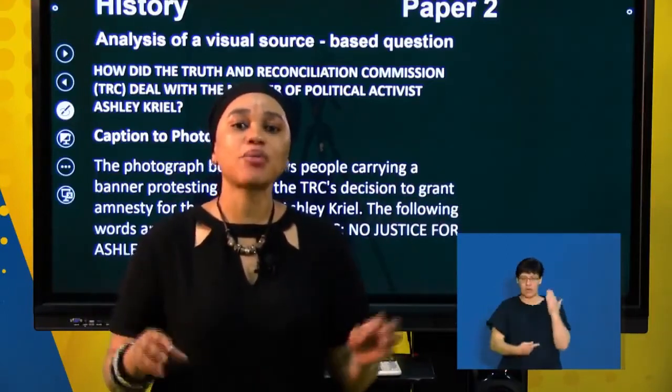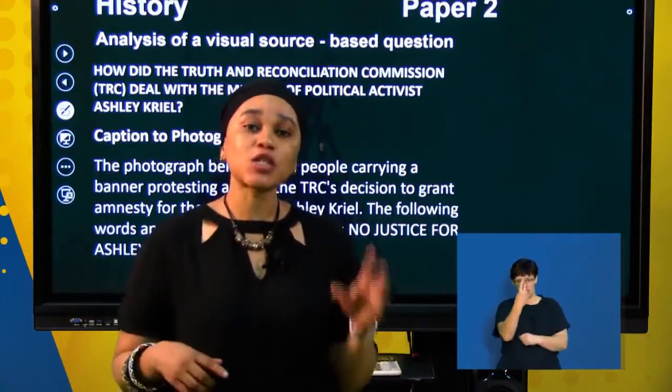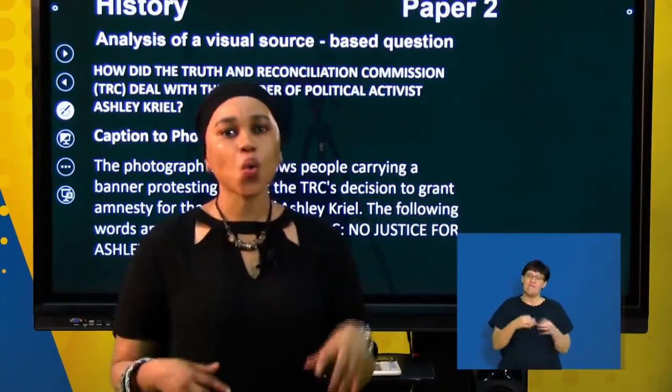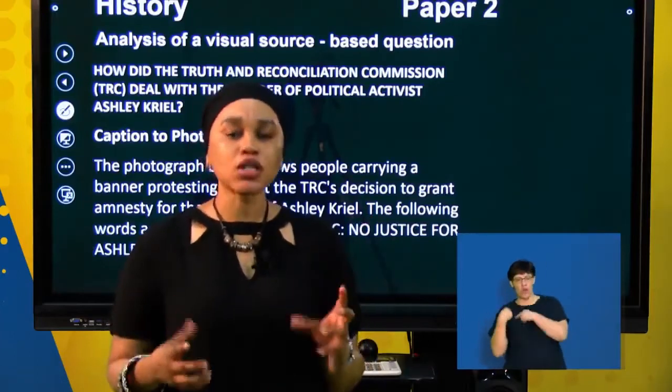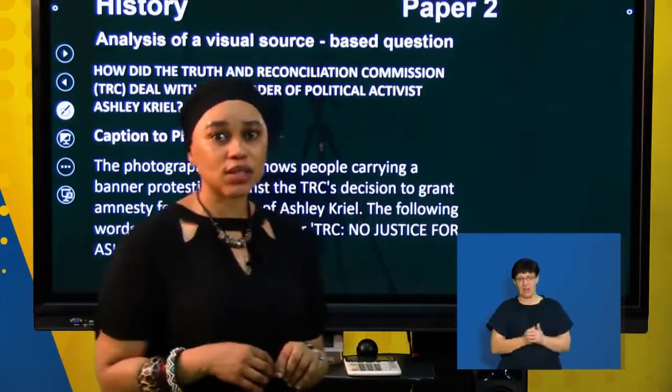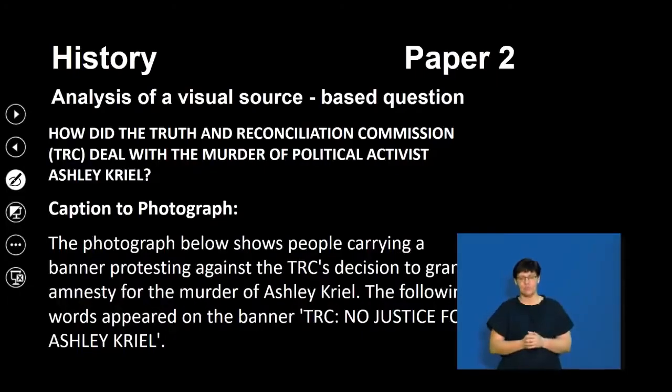You need to read the caption first, because what you'll find, especially with those questions that ask you for the value and limitation of the source, or whether a source is reliable or not, is that the answer is actually in the caption rather than the source itself. Okay, so this is the caption. It says, the photograph below shows people carrying a banner protesting against the TRC's decision to grant amnesty for the murder of Ashley Kriel.